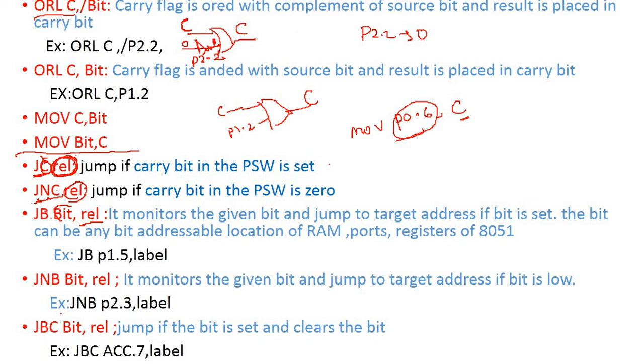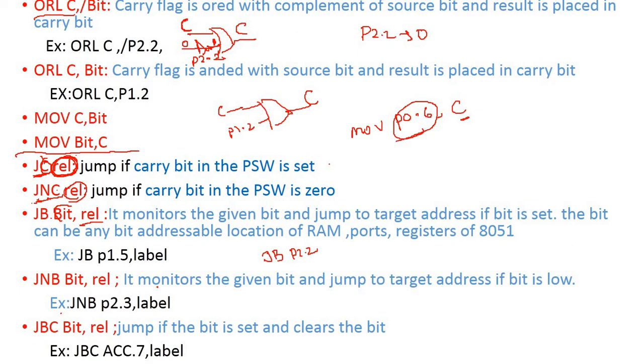And one more thing, these instructions are mainly used in timer programs. For example, we can say JB P2.2, some program. Okay, fine, right? So next is JNB bit, comma, relative.